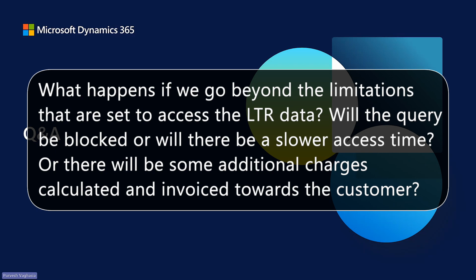From the capacity and storage perspective, whatever data you move into your managed data lake will get counted against the managed data and Dataverse capacity report. But that doesn't mean that it will stop you. And just to add a bit, even today, we are not stopping.